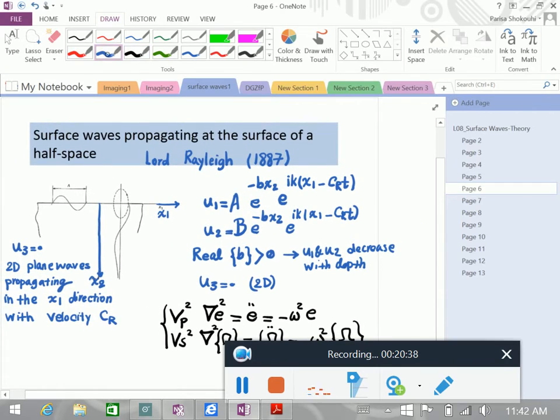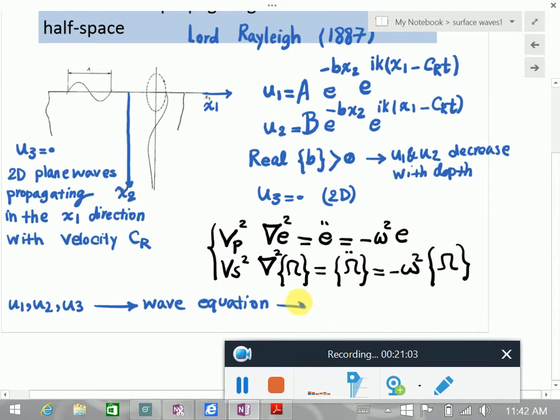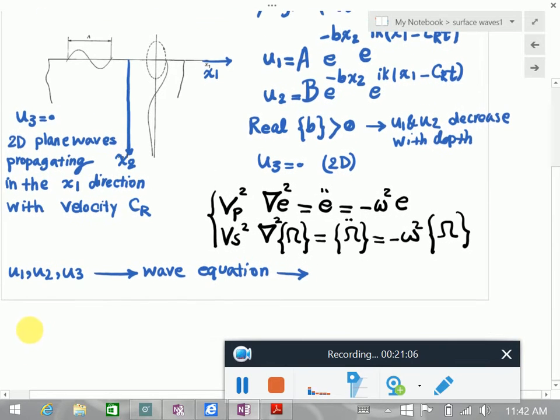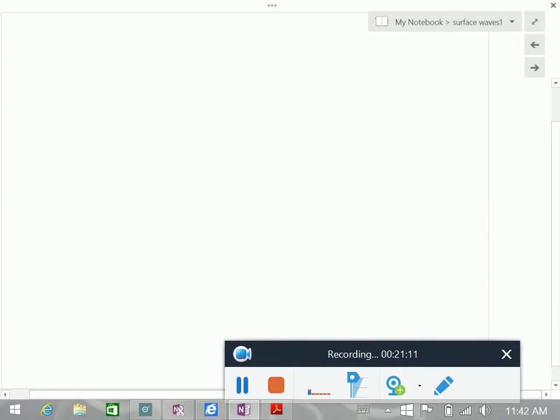So we are not going to go through the derivation, but basically all we want to do is make sure that U1 and U2 satisfy the wave equations. So if we plug U1, U2, and U3 into the wave equation, we are going to get this expression if we want a non-trivial answer. When I say trivial, it means that everything is 0, right?